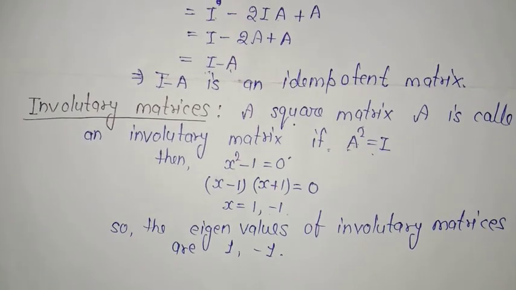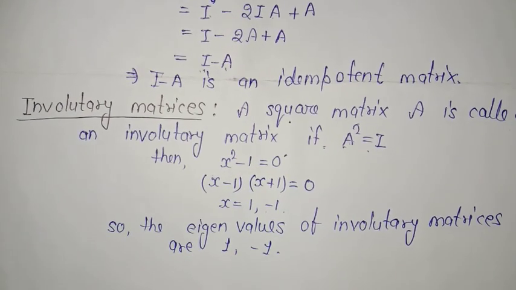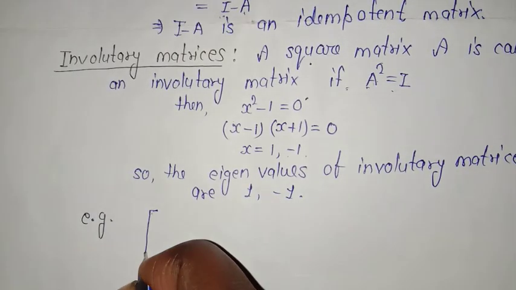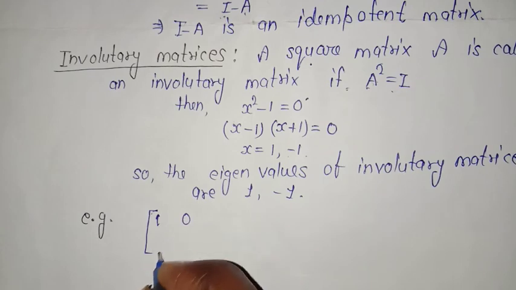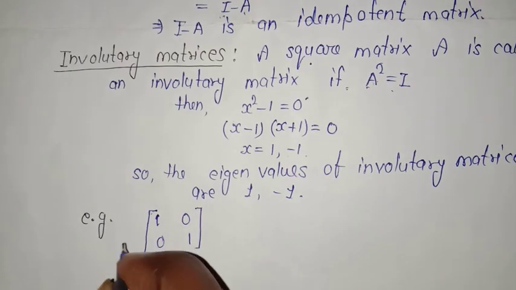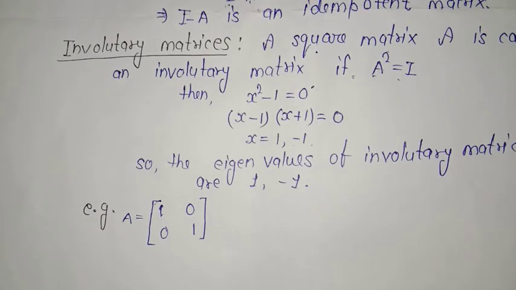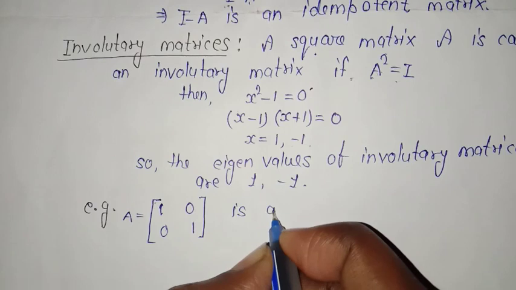Now we will discuss some examples and some properties. Every identity matrix is an involutory matrix, because if you take the square of the identity matrix, you will again get the identity matrix. So A square equals I is satisfied by this matrix, so it is an involutory matrix.